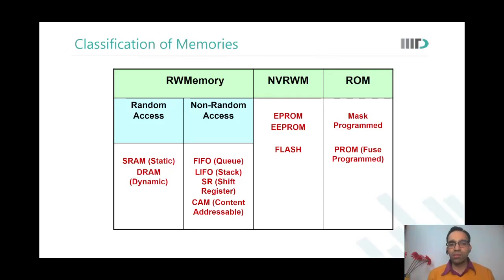So this is about the DRAMs and SRAMs, but there are also non-random access memories that we have in our system. FIFO, what does FIFO stand for? First in, first out. Where do you think a FIFO would be used in a system?